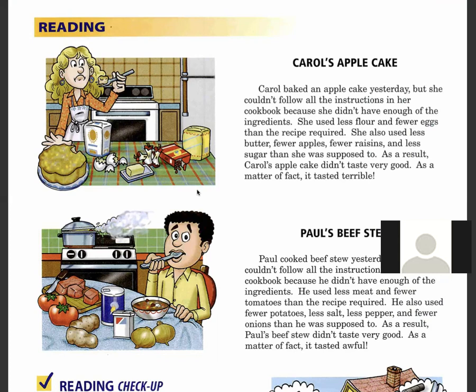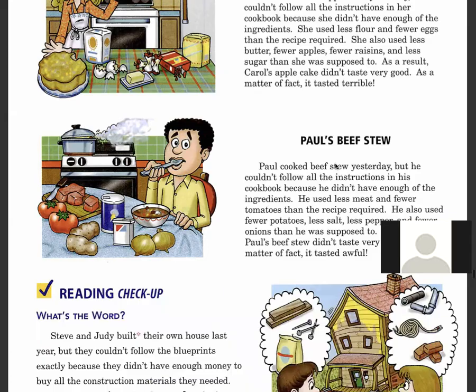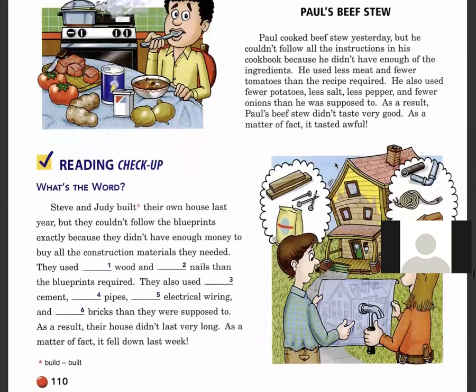He also used fewer potatoes, less salt, less pepper, and fewer onions than he was supposed to. As a result, Paul's beef stew didn't taste very good. As a matter of fact, it tasted awful. So, here are some questions.